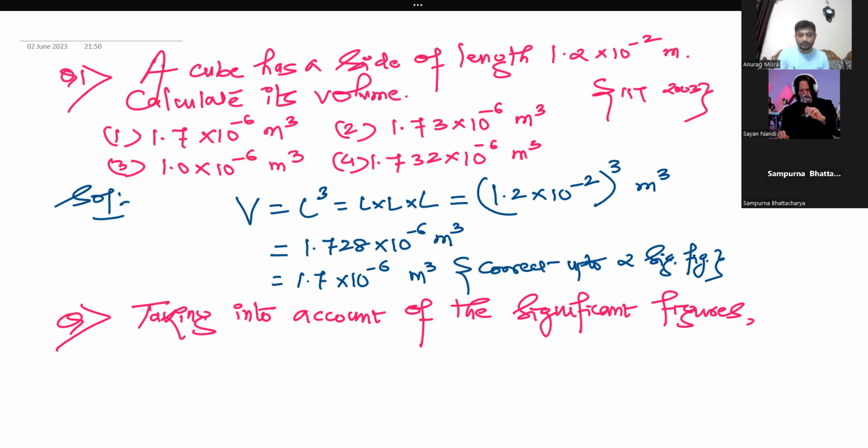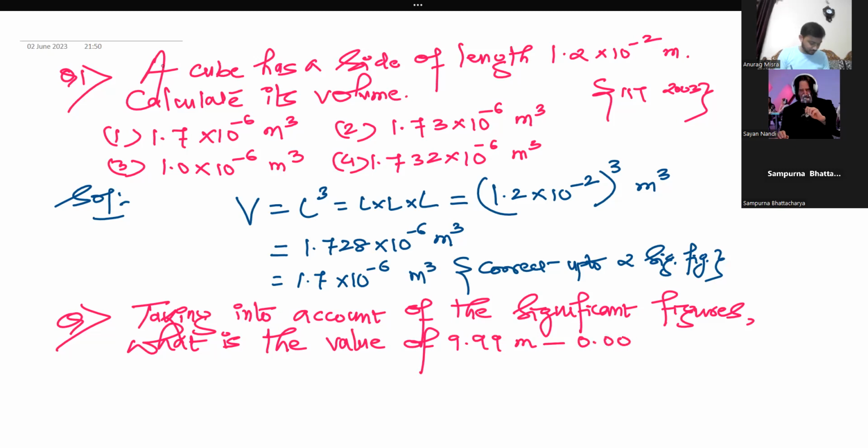What is the value of 9.99 meter minus 0.0099 meter?